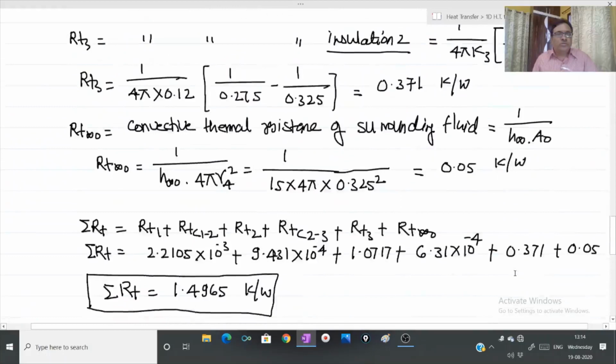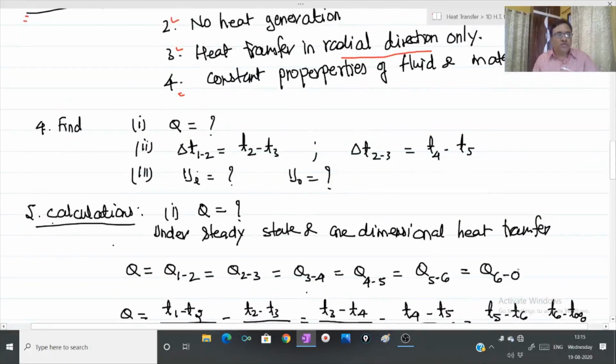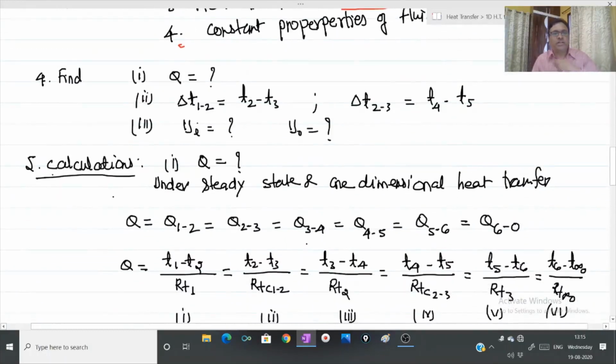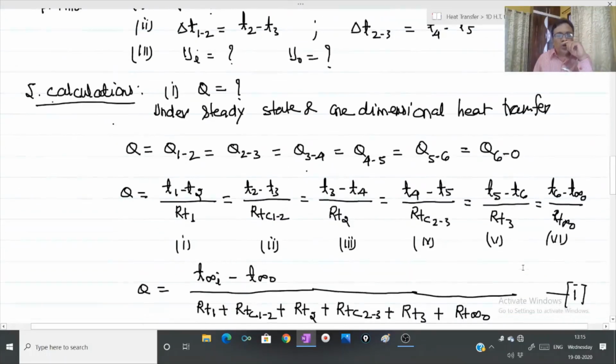Now let us do calculations for delta 12 and delta 23, that is temperature drop at the interface. So as you can see here, temperature drop at the interface 1-2 is coming into equation 2, and temperature drop at the interface 2-3 is coming into equation 4.